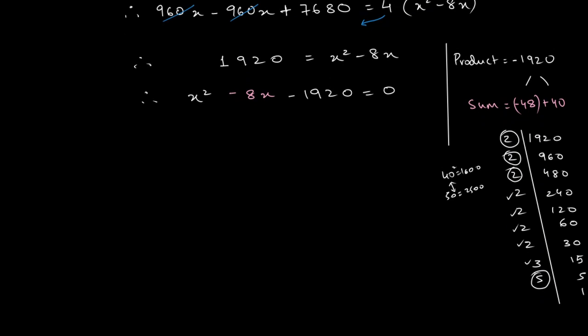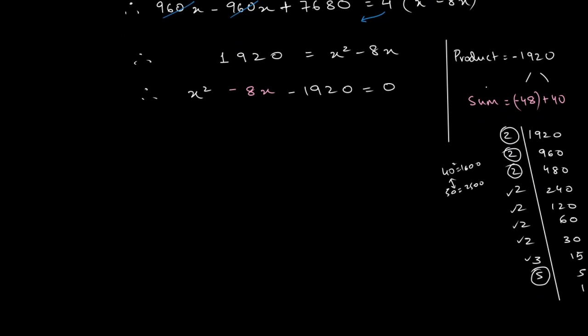Right, so this is how I can split the middle term if I have two factors which are quite large by themselves, right? Now since I've got my two factors, I can say therefore x square minus 8x can be written as x square minus 48x plus 40x minus 1920 is equal to 0.